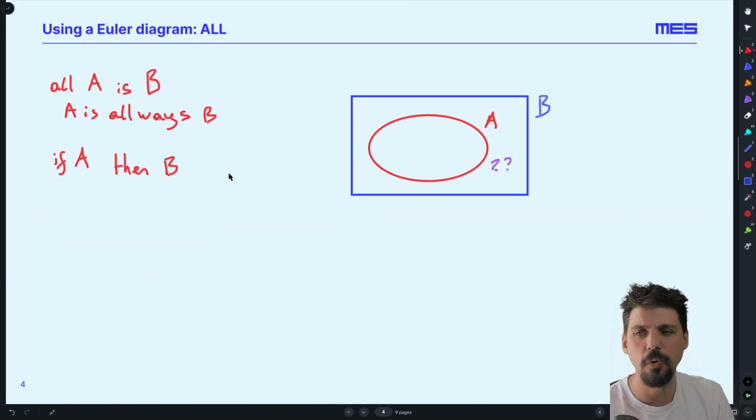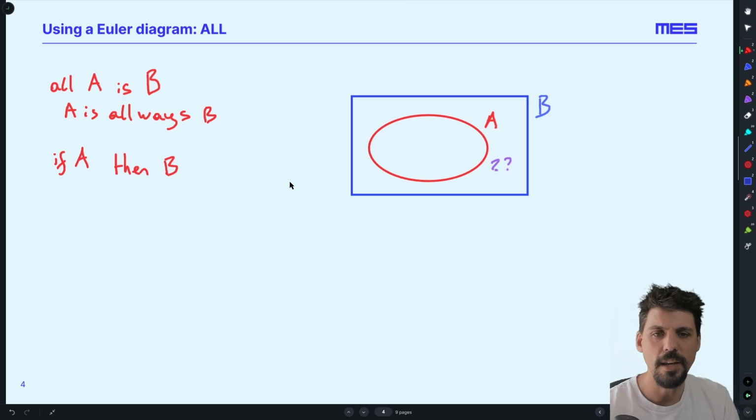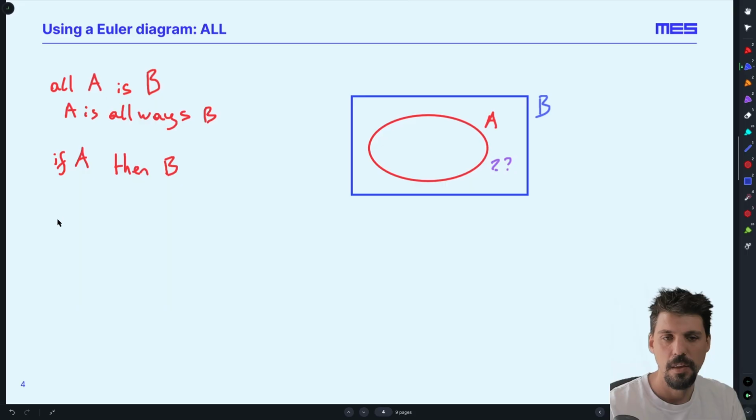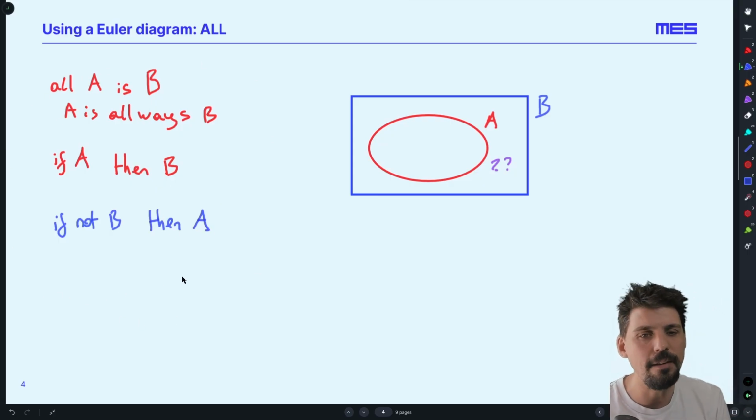So if we go back to my all, there is an interesting thing I can say here. Because I can also say, if not B, then not A. So there are implications we can have here.